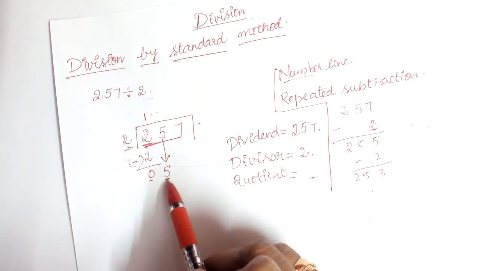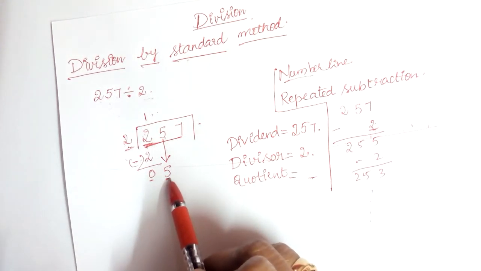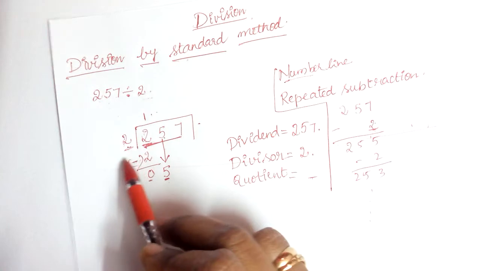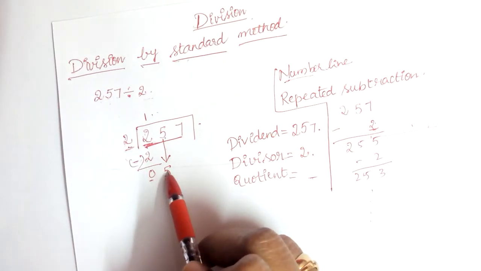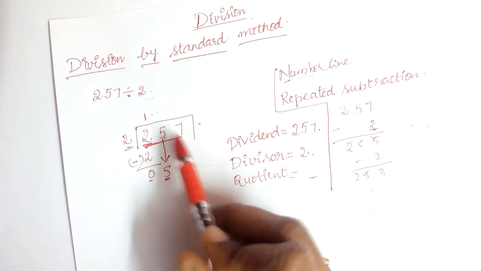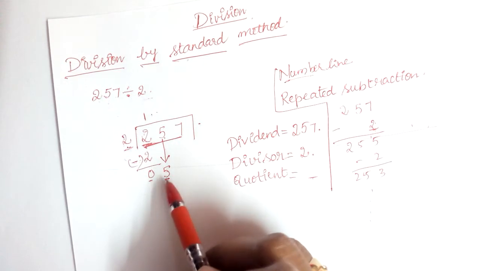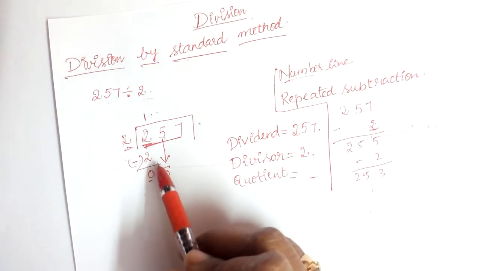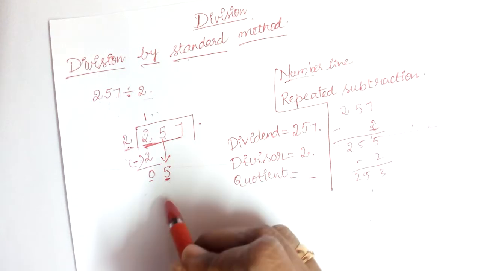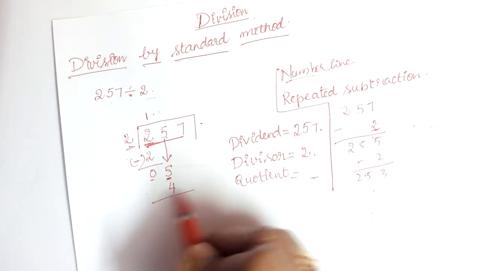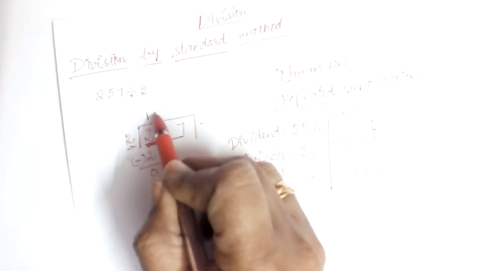So we have to see if we get equal to 5, that is okay. Otherwise, because in 2's table we will not get 5, in that case we will take smaller number than 5, that is 2 twos are 4. So we will write 4 here, and that 2 we'll write here.